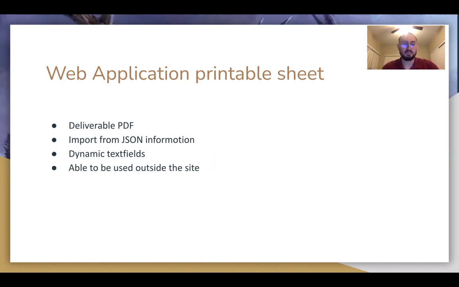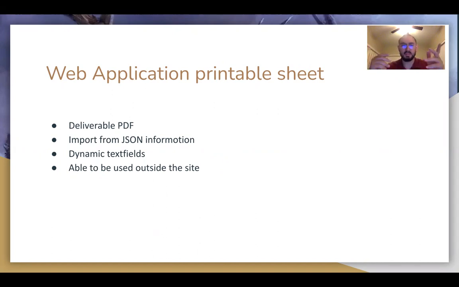And one thing that we're also working on is dynamic text fields in the PDF. There are sometimes where we want the page to break, so we don't want a text field to be broken up. We want it to be pretty and very readable for the user.